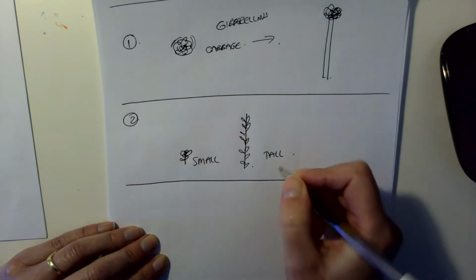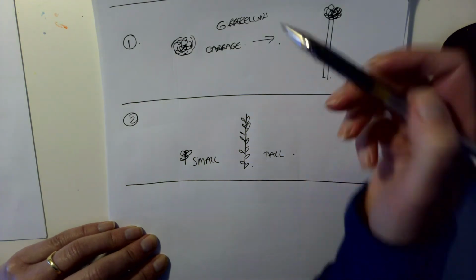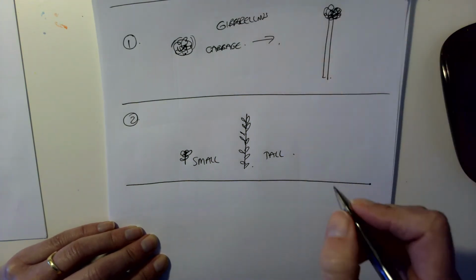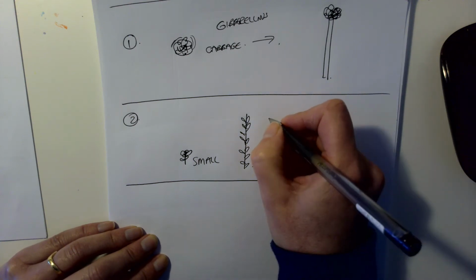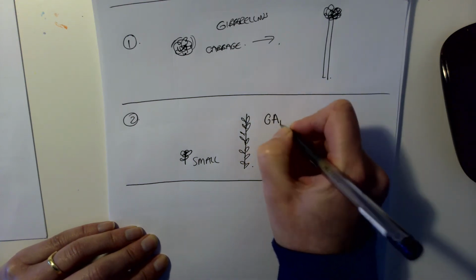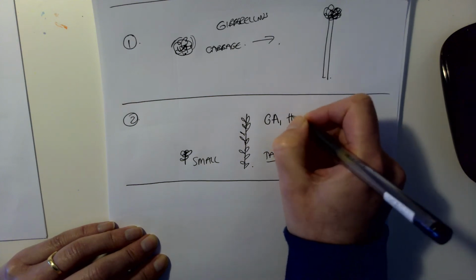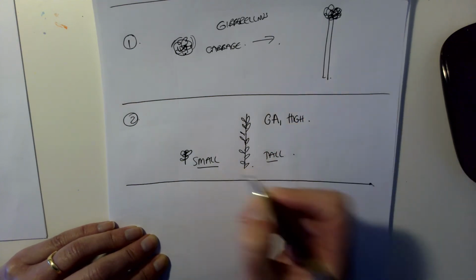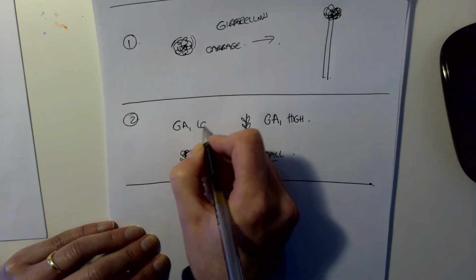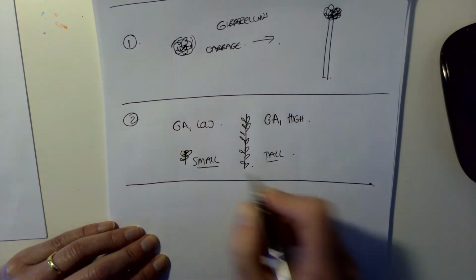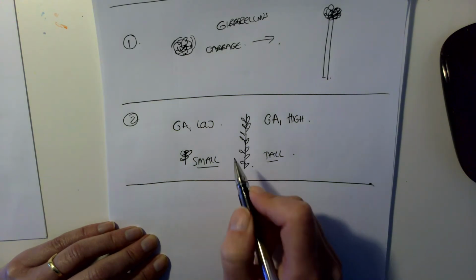Now what they noticed is that within the tall plants there was a particular type of gibberellin, GA1, gibberellic acid 1, that was in high levels. So the quantities of GA1 in this tall plant were high. But in the small plant, the quantities of GA1, gibberellic acid 1, were low. So that gave a bit of a clue that something must be going on.